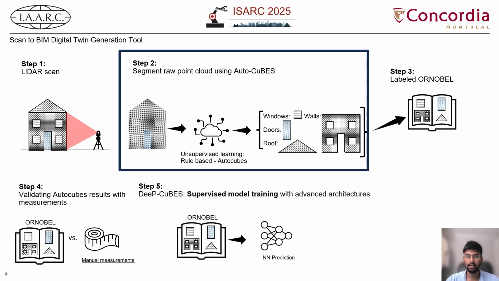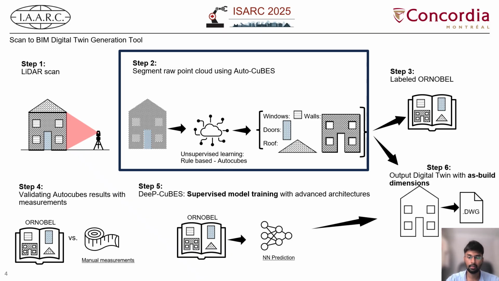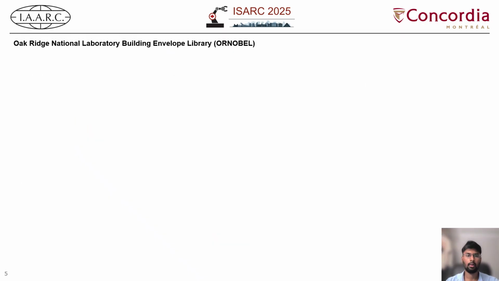From the validated data, we train multiple deep learning models to perform semantic segmentation, and the output of these segmented facades are used to create the digital twin with as-built dimension.